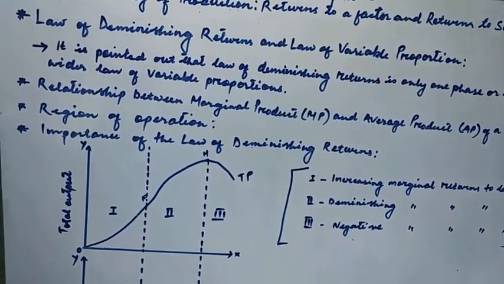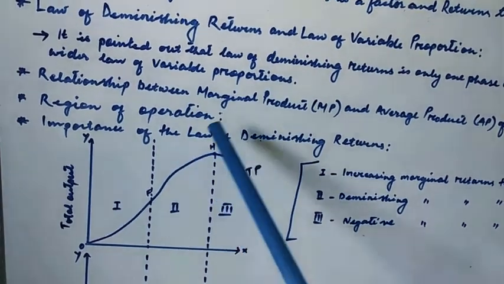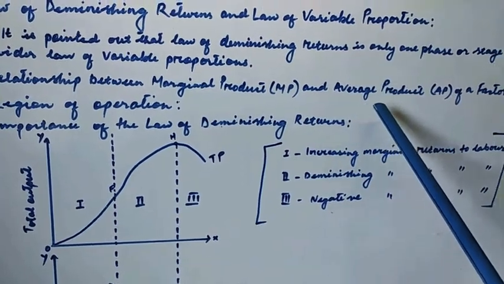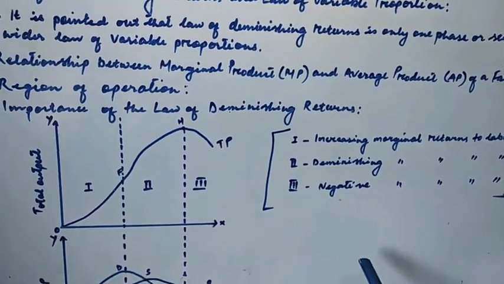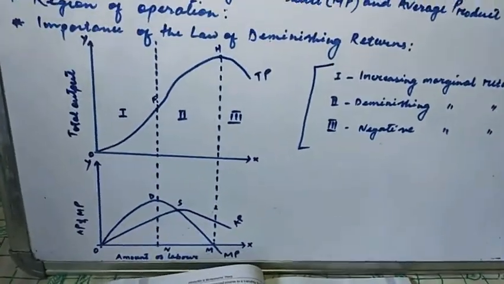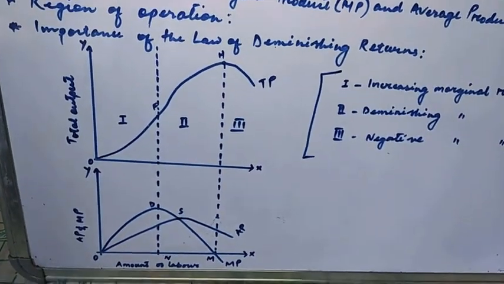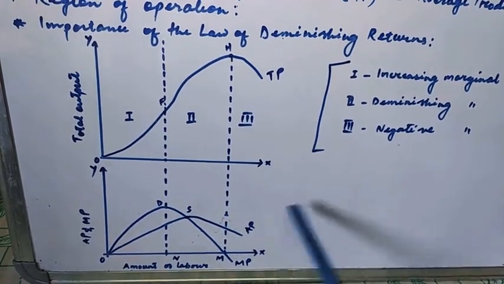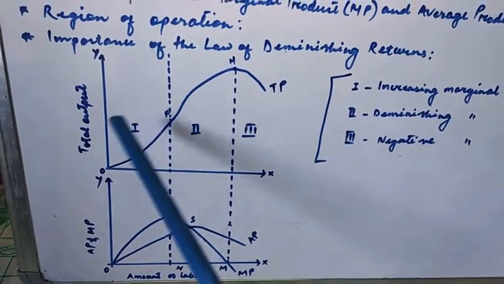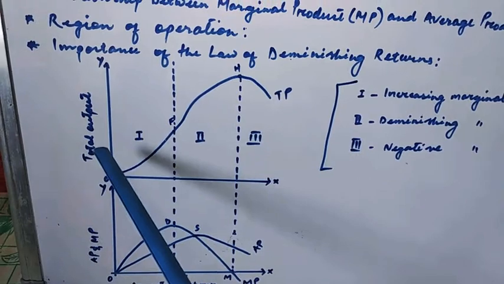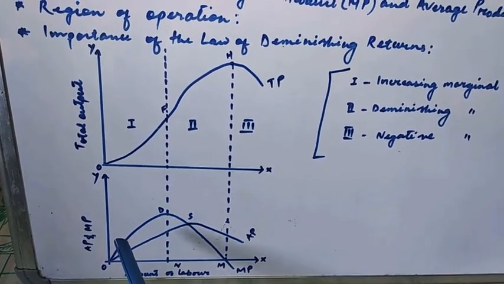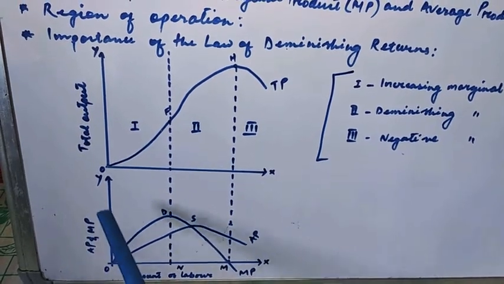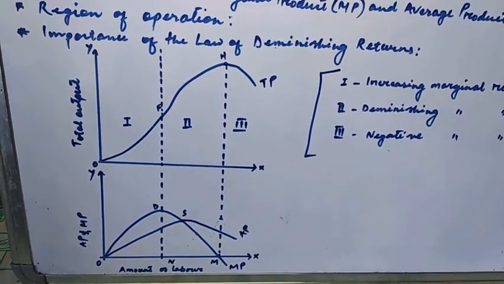So coming to the next point, that is the relationship between marginal product, represented by MP, and average product, AP, of a factor. Observe the diagram nicely. On the x-axis we are measuring the amount of labor, and on the upper diagram on the y-axis we are measuring total output, and in the lower diagram we are measuring average product and marginal product on the y-axis.